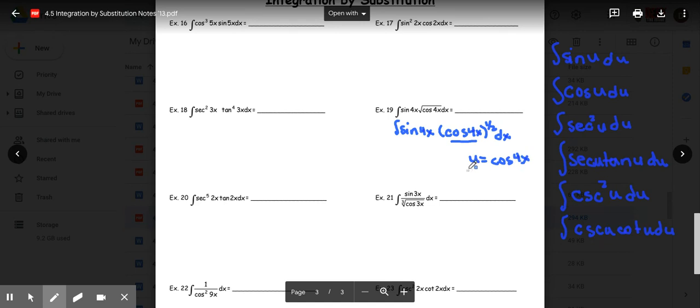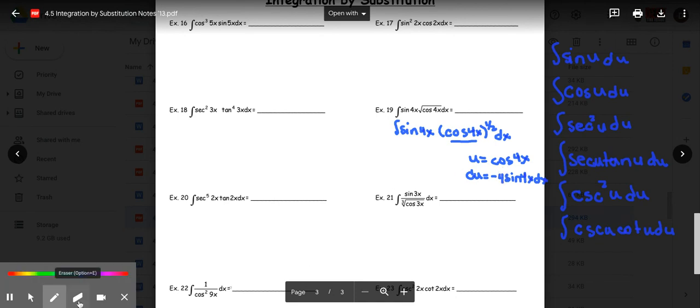The derivative of cosine is negative sine 4x dx. And then you have to multiply by the derivative of 4x, which is times 4. That's chain rule that you're applying.